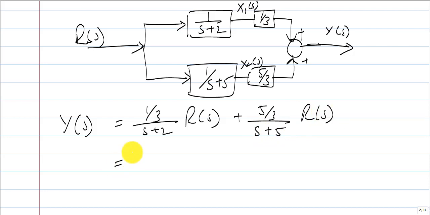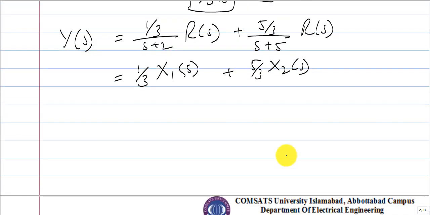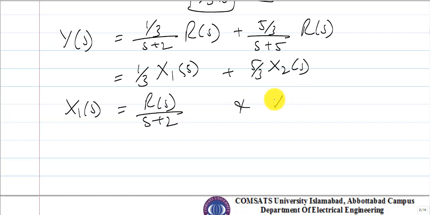This can also be written as 1/3 times X1(s) plus 5/3 times X2(s), because R(s)/(s + 2) is X1(s) and R(s)/(s + 5) is X2(s). So X1(s) is R(s)/(s + 2), and X2(s) is R(s)/(s + 5).